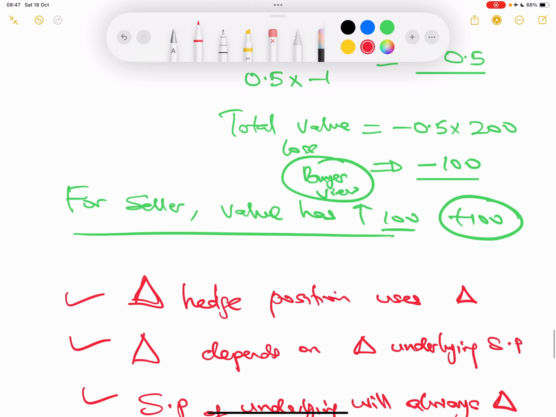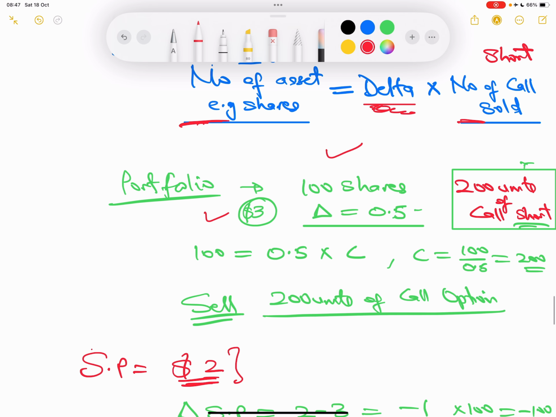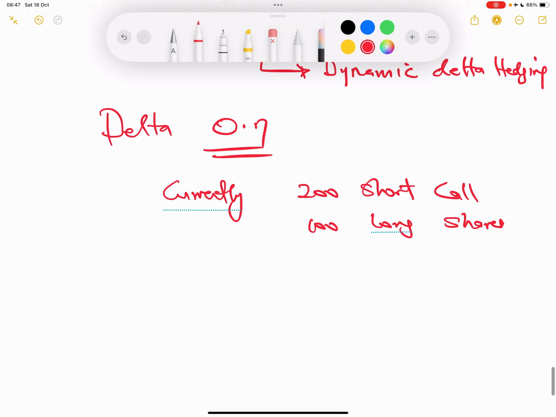That was the hedged portfolio that we had before the share price moved. When the share price moved, the delta changed.